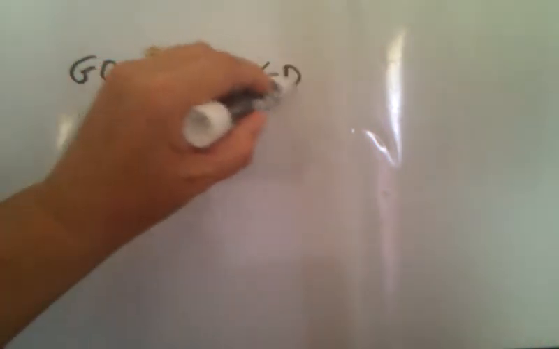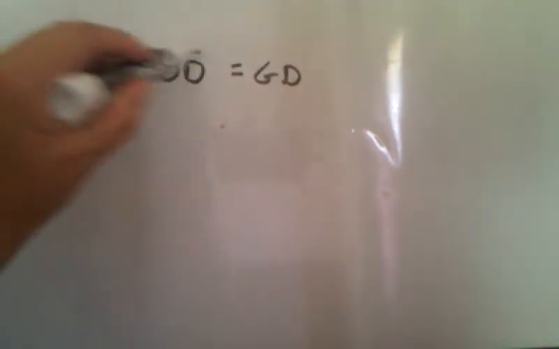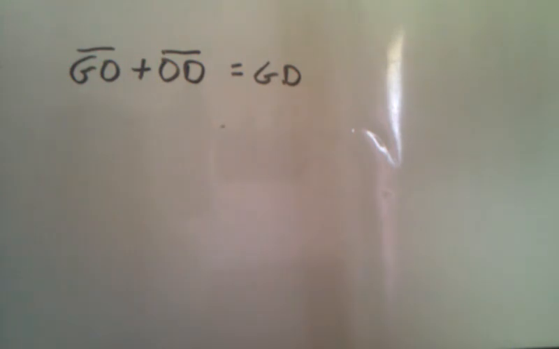GO plus OD equals GD. What is O? O is the midpoint, right? So O is going to be the point that satisfies the definition of betweenness. Okay, because they're on the same line. If G, O, and D are collinear, what point is between the other two?